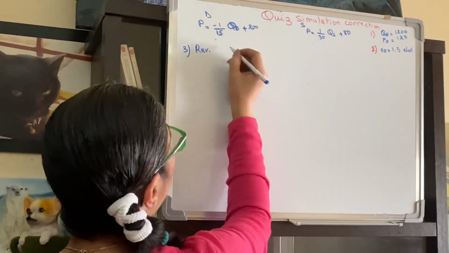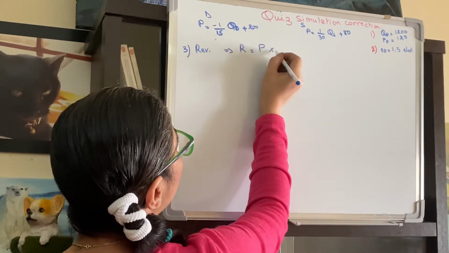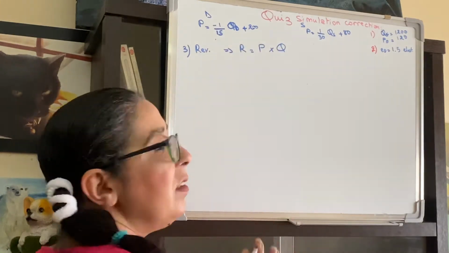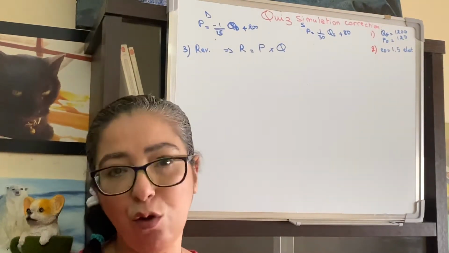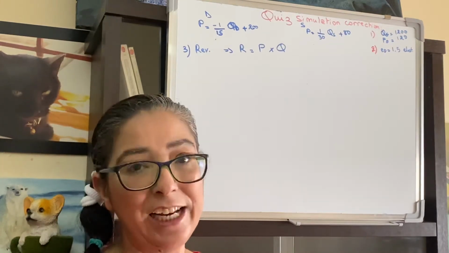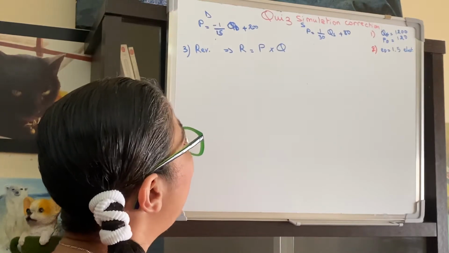First, I know that revenues are equal to price times quantity that is supplied and sold, which means both supplied and demanded. Okay, now how am I going to do this?